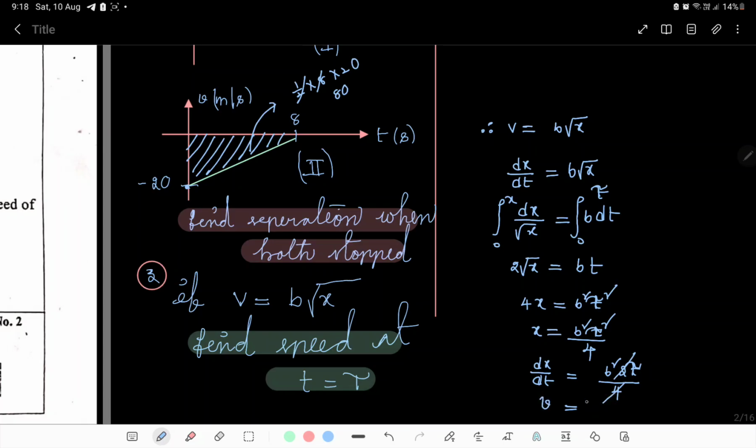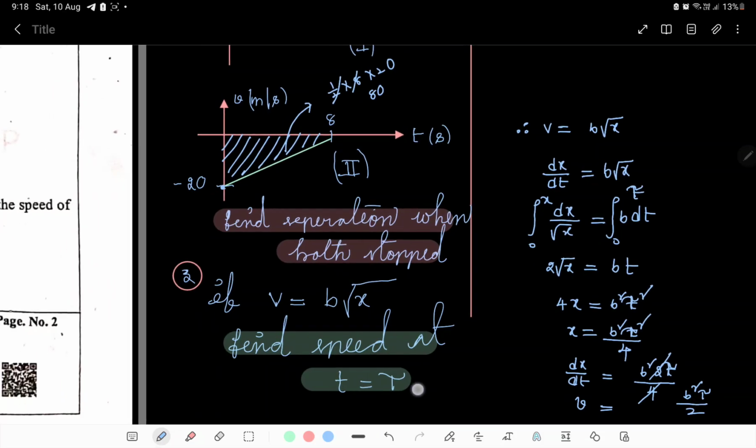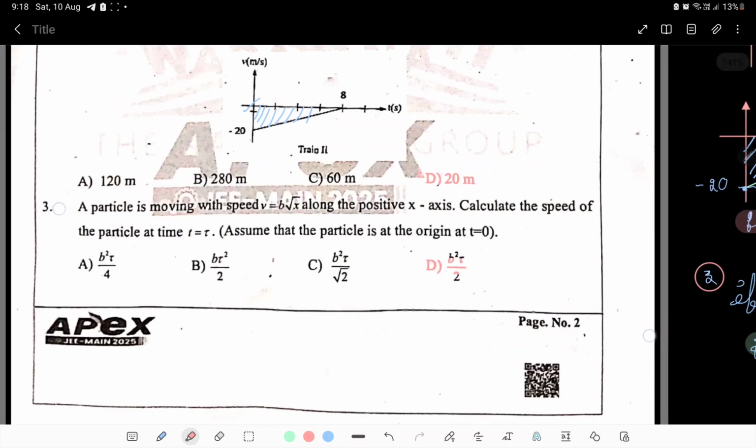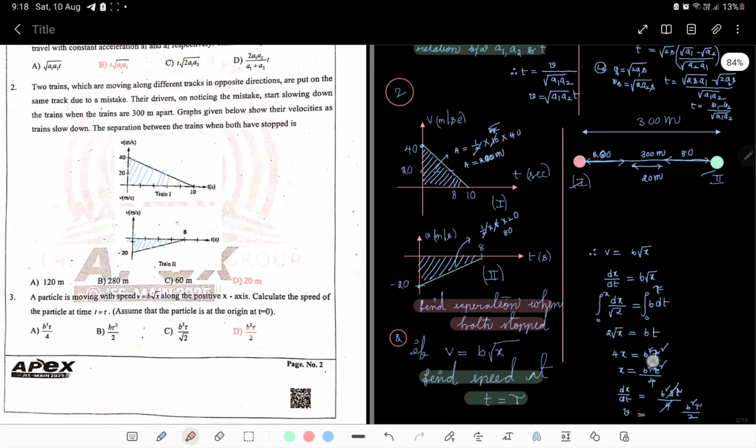Therefore we have the speed equal to b square tau by 2. So that's the answer for the third question. Hope you understood.